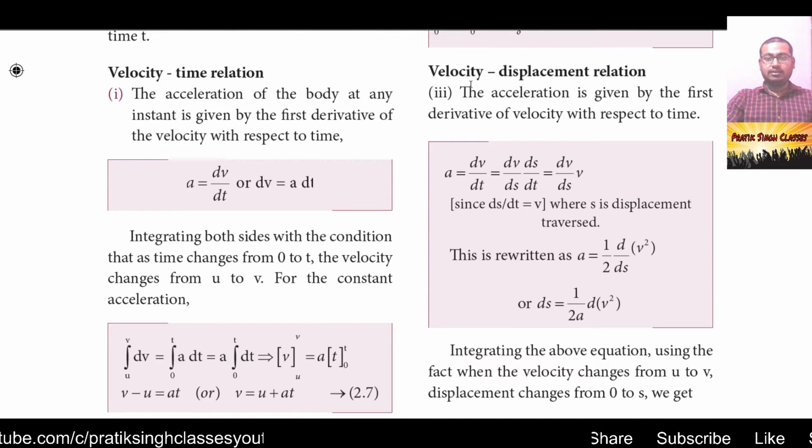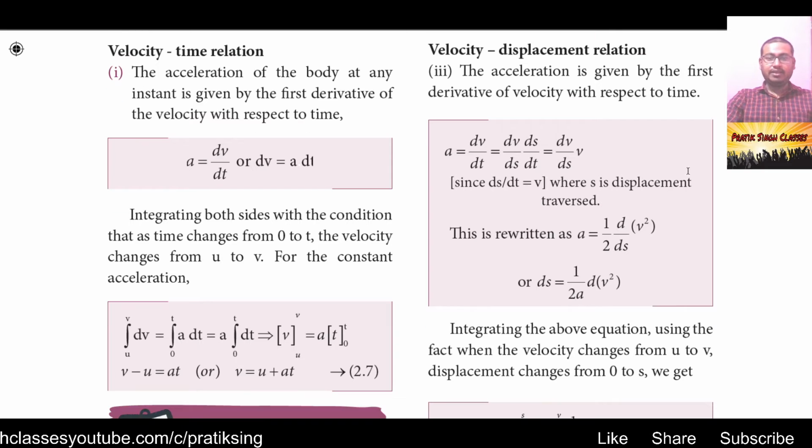Now the third one, that is the velocity displacement relation. That means how the velocity and displacement of any object are related to each other. The acceleration is given by the first derivative of velocity with respect to time, that is a = dv by dt. In place of dv by dt we can write dv by ds into ds by dt, just multiplying and dividing by ds.